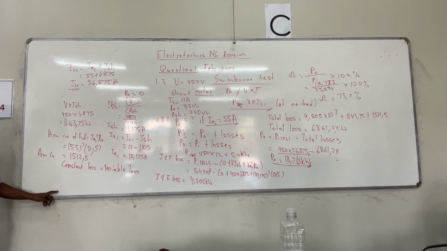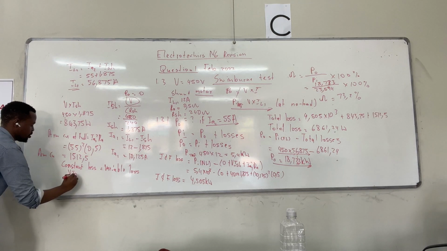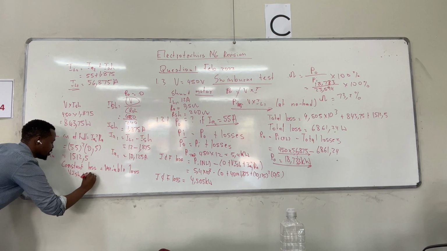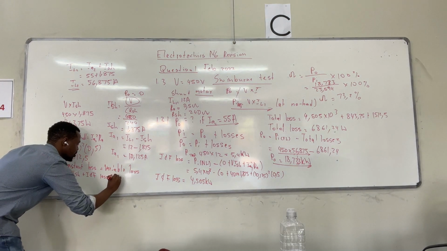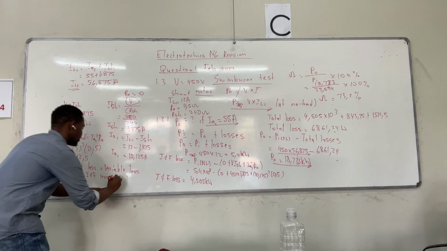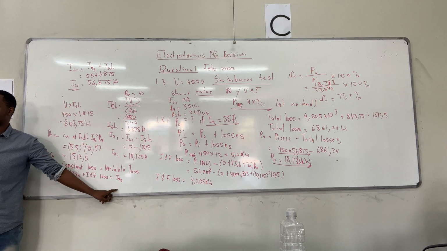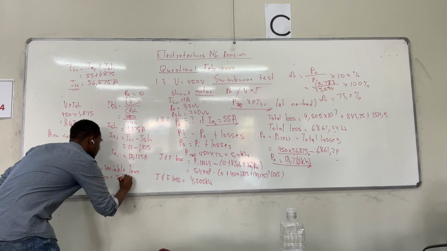The constant loss is the shunt copper loss plus the iron and friction loss, and the variable loss is the armature copper loss. Let's call it IA3 this time, the armature current at maximum efficiency.